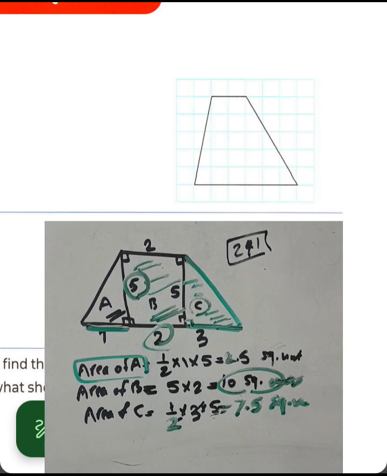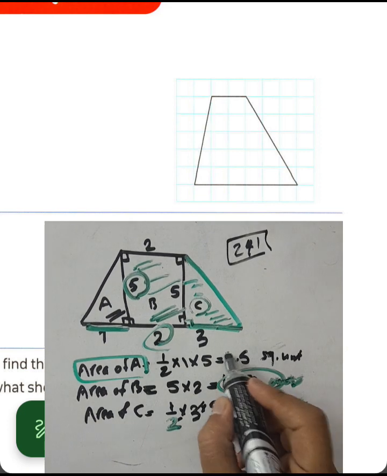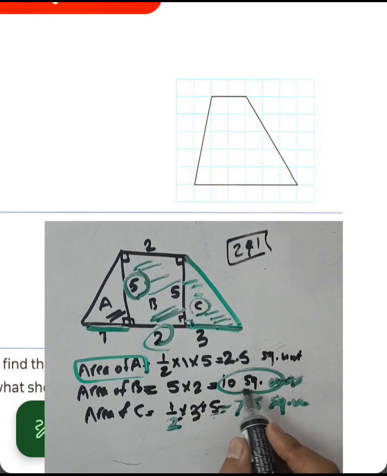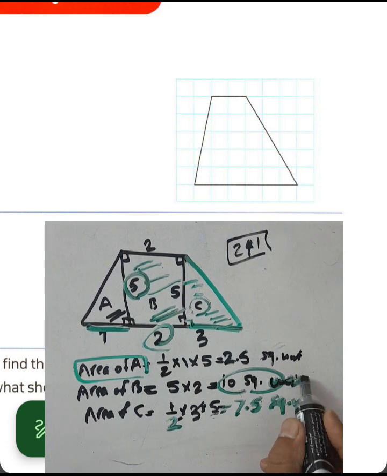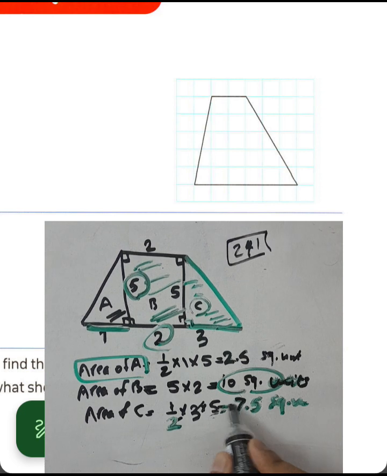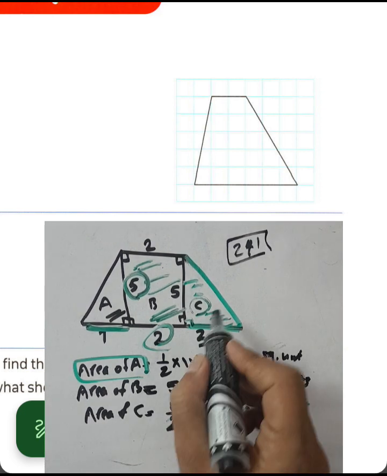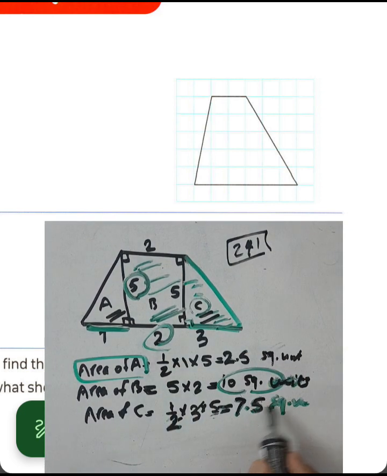Okay, we have area 1, 2.5, area 2, 10 square units, and the area of this triangle will be 7.5 square units.